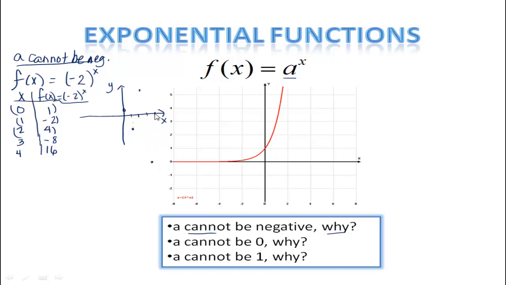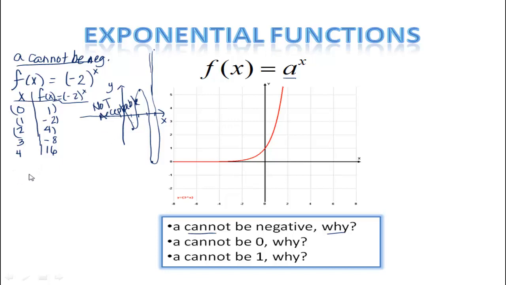When I'm at 4, I get a positive 16 all the way up there. Now, see how if I were to trace this, this becomes very erratic behavior, right? If this is what the curve looks like, I'm just joining points. This is very erratic behavior. This is not acceptable. Not acceptable, okay? So that's why a cannot be negative, because it doesn't behave well. The function doesn't behave well when a is negative.